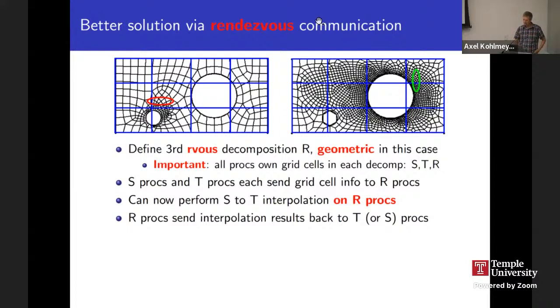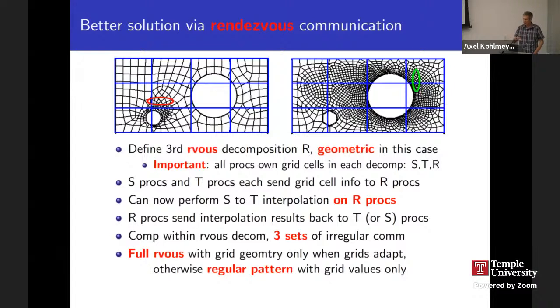After that stage is done, this upper right processor in the blue decomposition, the rendezvous decomposition, owns both S and T cells that overlap that same region. It received them from arbitrary processors that we aren't showing, because we don't know the decomposition of those red and green grids.